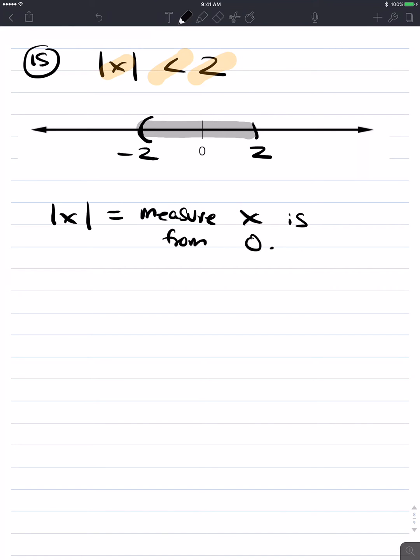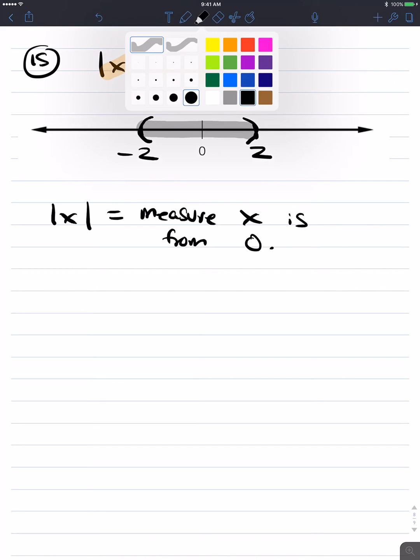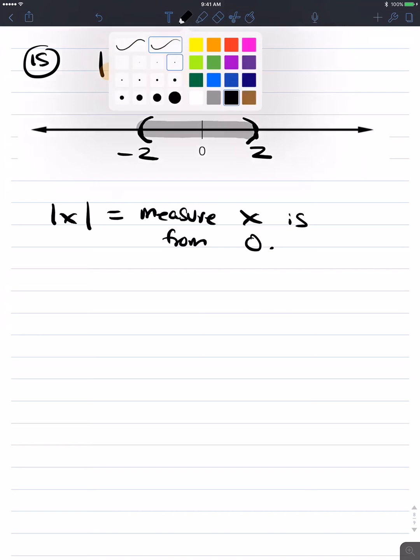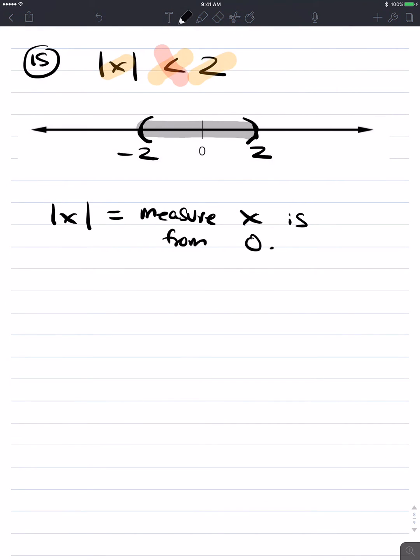We're going to use our parentheses because we have a strict inequality. They must be less than 2 units from the origin. That means we do not include 2 or -2. Let's note, this is the between situation.